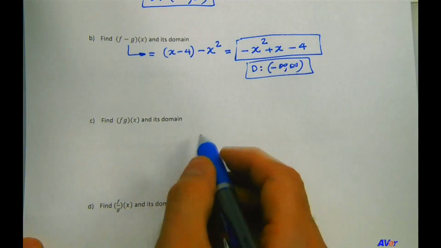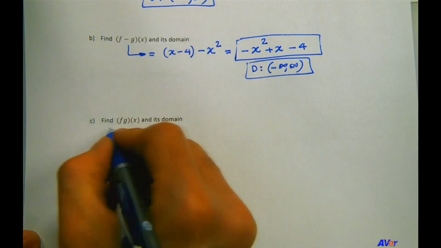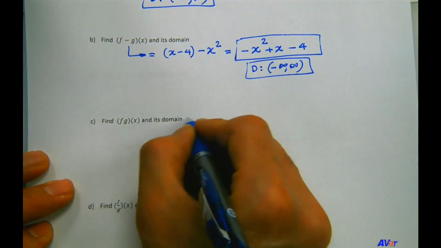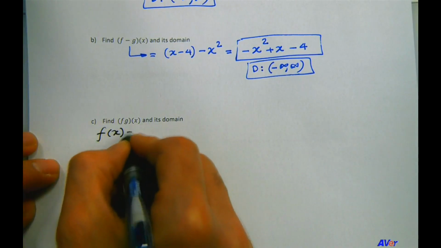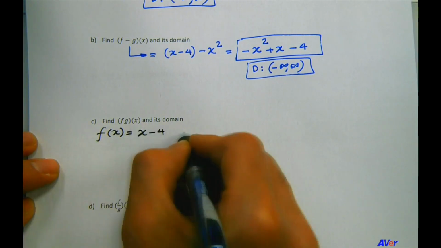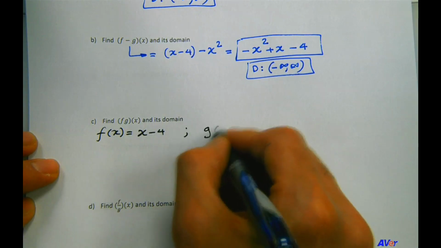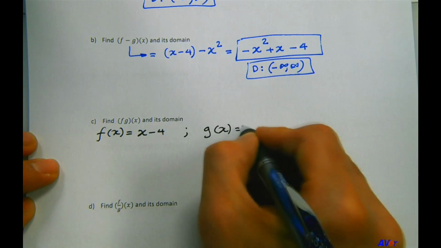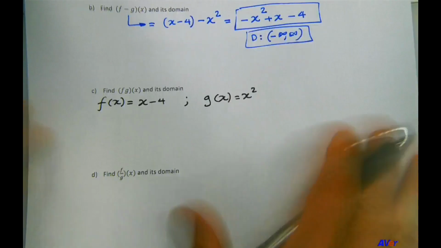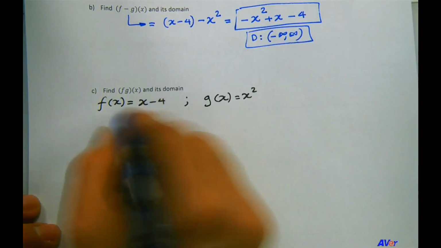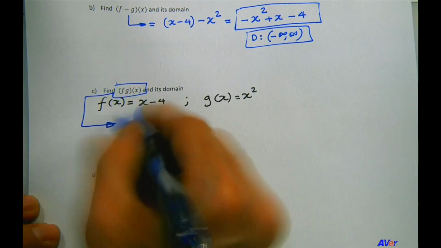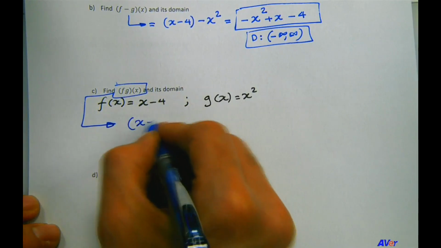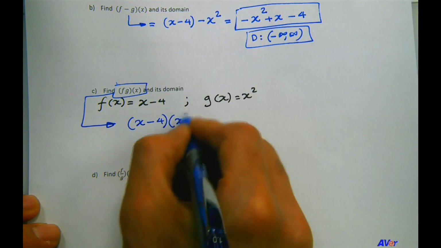Multiplying the two functions, they're off the screen, so let me list them here. f of x is x minus 4, and g of x is x squared. So we're multiplying them: x minus 4 times x squared.